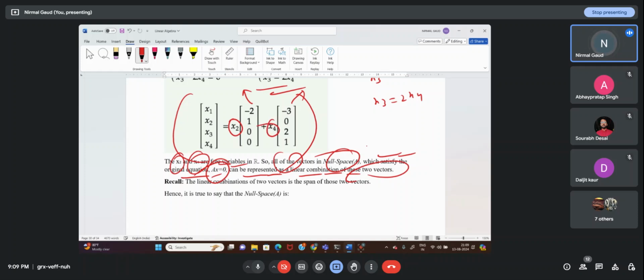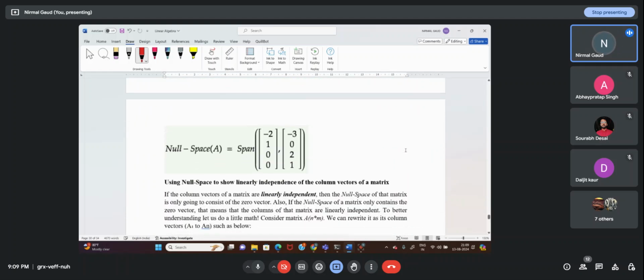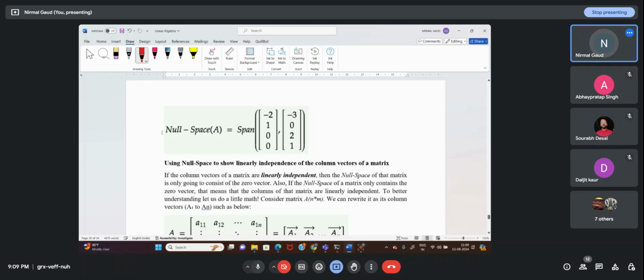They can have any value. I can find x1 and x3 by assuming any values of x2 and x4. So the linear combination of two vectors is the span of two vectors, and it is true to say that null space of A is equal to this span.